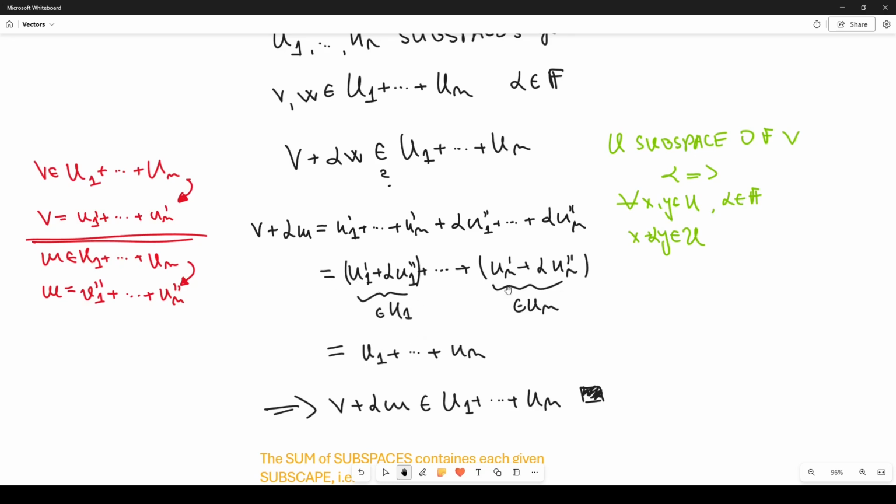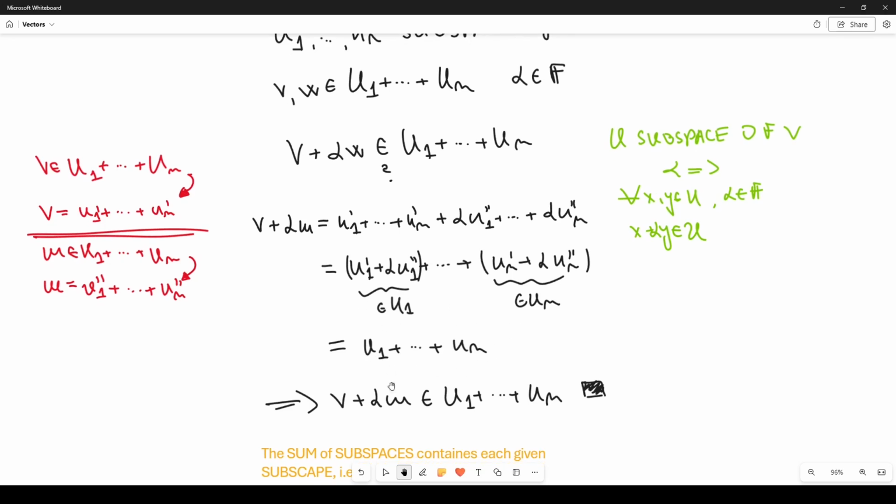Well, that means that we can write this sum as some combination of some vectors u1 to un, where these vectors belong to their corresponding subspace. But that means that this is of this form, and that satisfies the definition of being an element of this sum. So we have that v plus alpha times w belongs to the sum. Hence, the sum is a subspace of V.